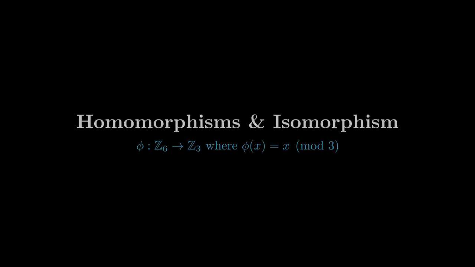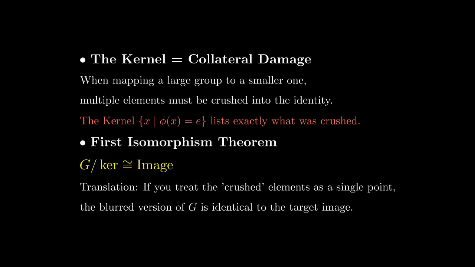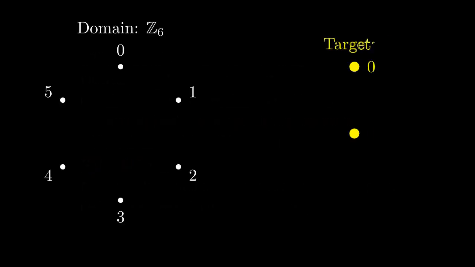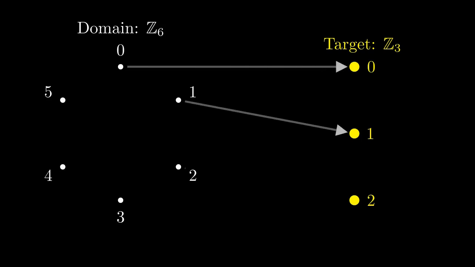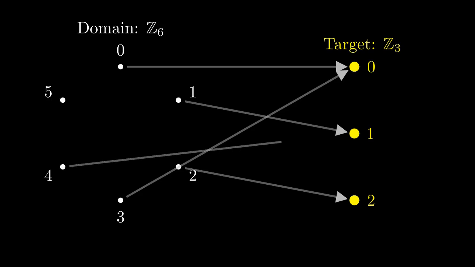Let's have a look at homomorphism and isomorphism. For this, we have to know what the kernel means. A kernel is the set of elements that the mapping sends to the identity. Consider these two groups, Z6 and Z3. In Z6, we can send multiple elements to one element in Z3.